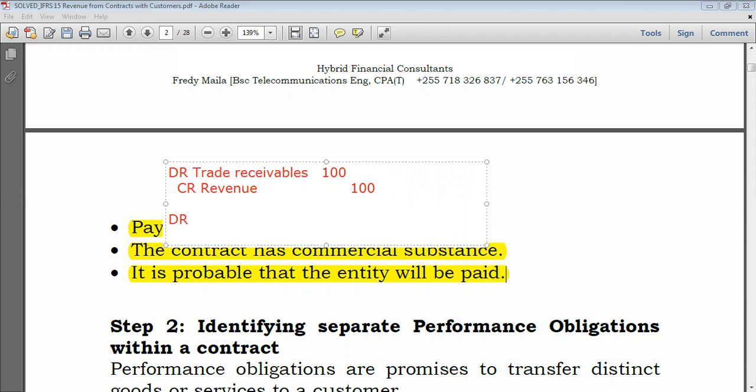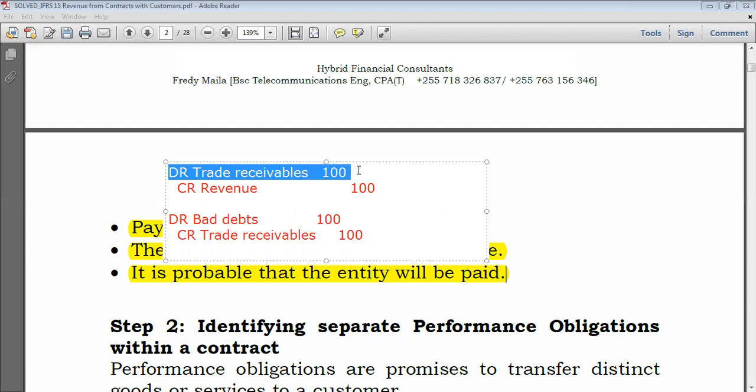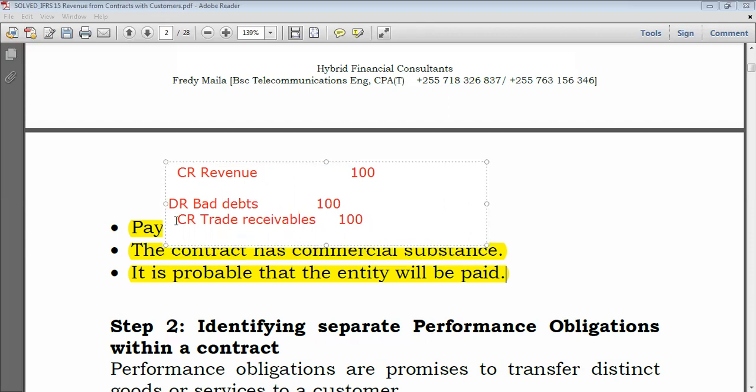You would debit bad debts in the income statement, 100, and then credit trade receivables, so writing this off would be 100. So the trade receivables of 100 are written off by this 100.